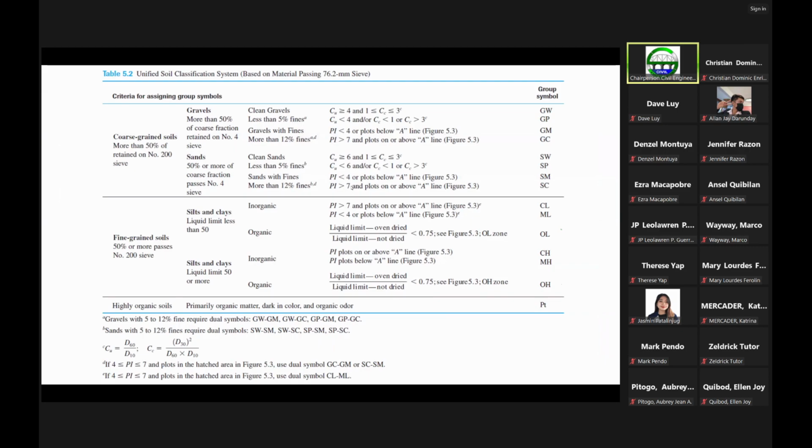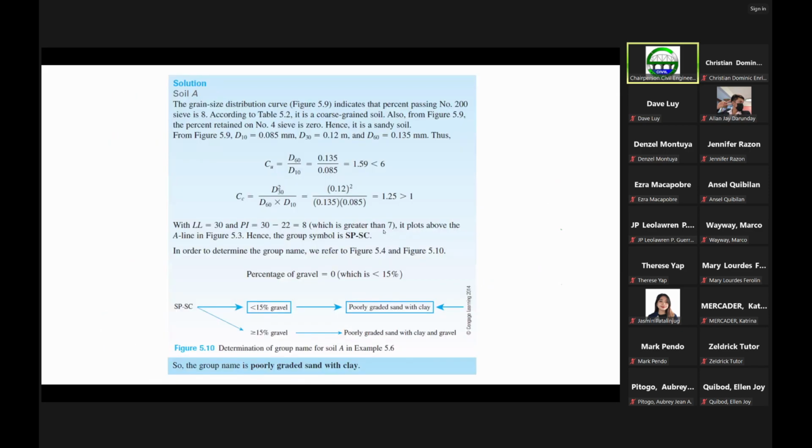So since the fines is between 5 and 12, not less than 5 and not more than 12, we need a dual symbol. Since it satisfied this criteria and this criteria here, we can combine SP and SC. So you have an SP-SC material. That's the group symbol.